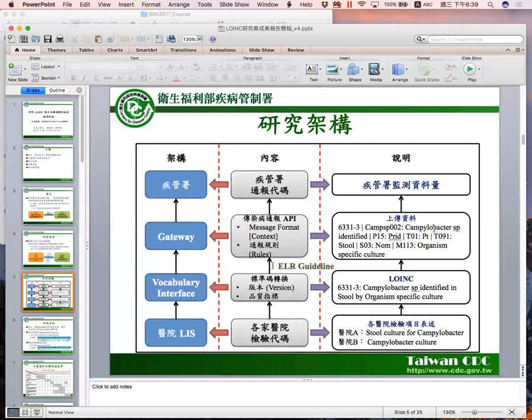So basically, after we make that guideline and send it to the second year's hospitals, they are pretty good. You can imagine in the first year, for the first 20 hospitals, the questions are like this.